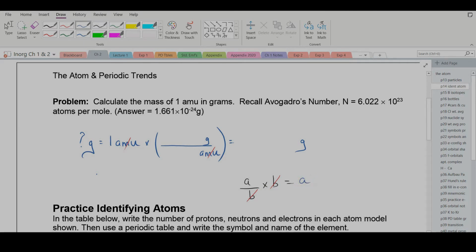We're doing the same thing here, we're just canceling units. So we say that 1 gram is 6.022 times 10 to the 23rd AMUs. Then we get 1.66 times 10 to the minus 22 grams per AMU. So AMUs are really small units of mass.